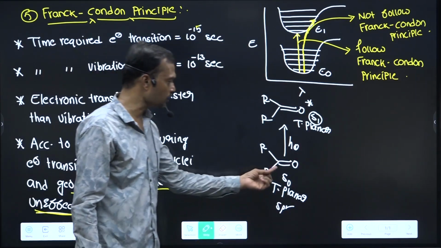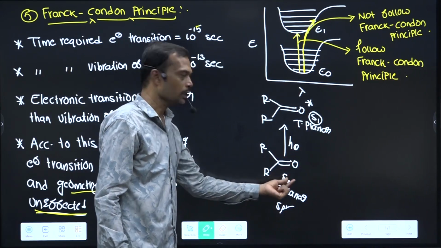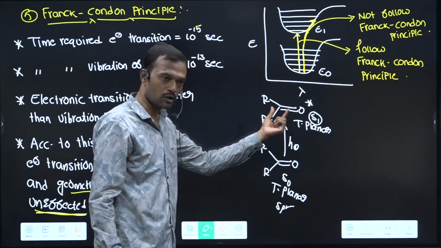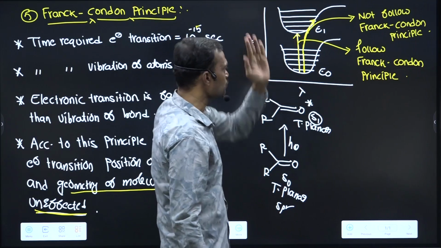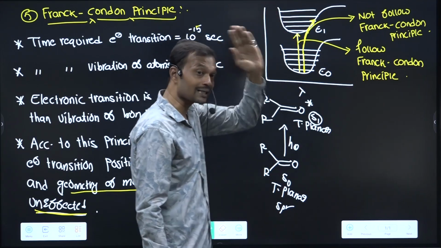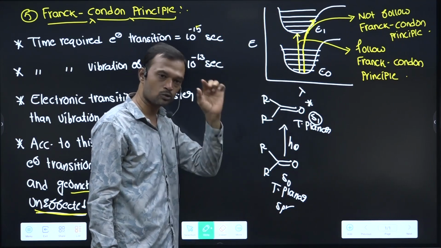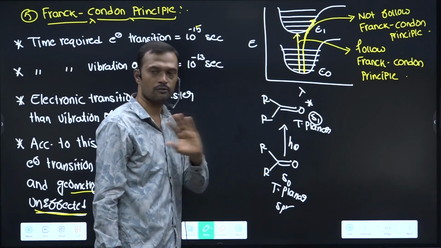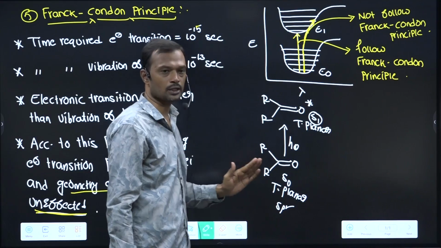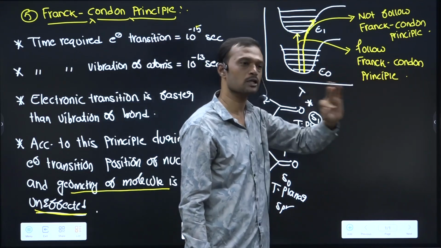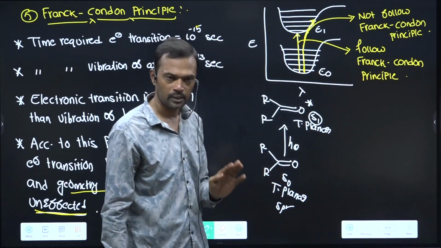The Franck-Condon principle is saying that when a molecule absorbs any light energy, it gets excited. Whenever it is excited, the transition is very sharp and fast, and during that time geometry is unaffected. Position of nuclei also remains the same. Suppose it is changing, that is against the Franck-Condon principle.